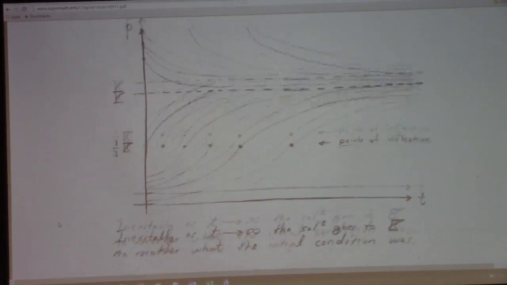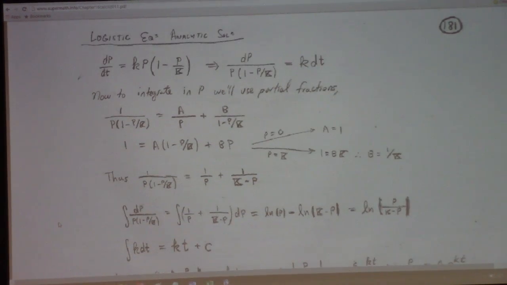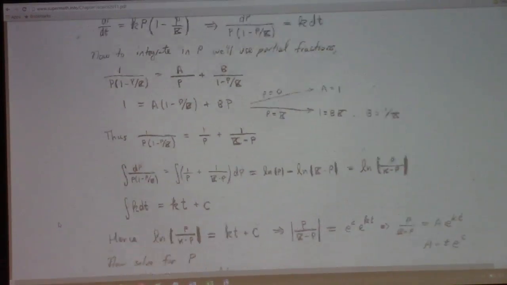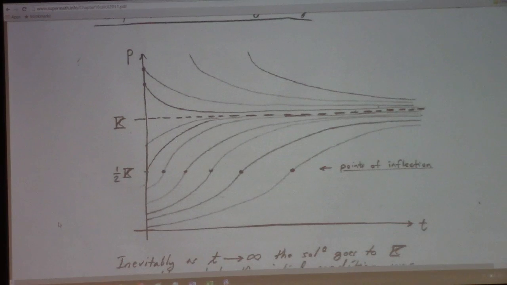Well, that's what separation of variables does for you. Actually, aren't the ones on top concave up? Says right here, constantly increasing. I'm sorry, you might be right. Oh, yeah, those are concave up. You're right. If we were to draw a secant line between any 2 points, it would be above the graph.